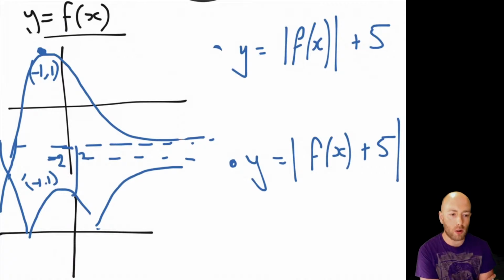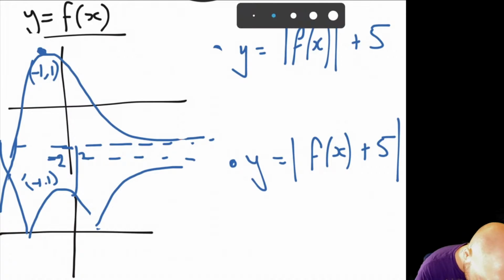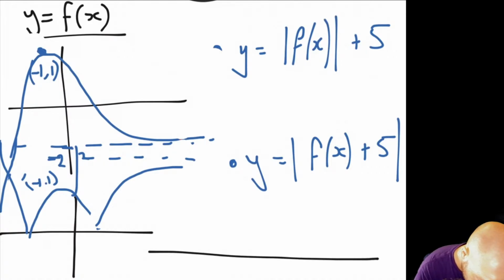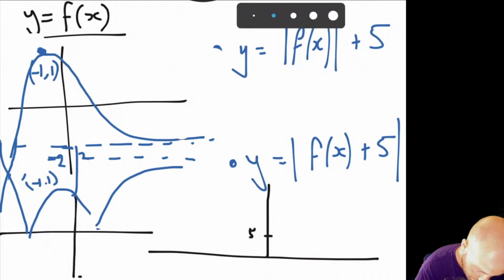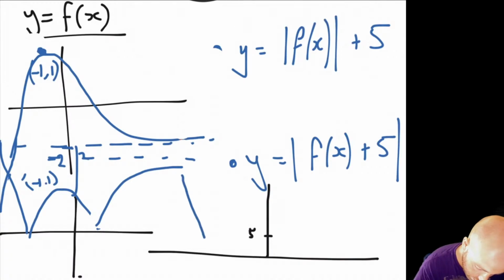Then we need to move the whole thing up by 5. So if I put 5 here, that will be where the sharp ends of this curve are.